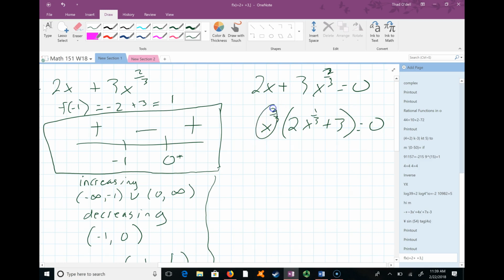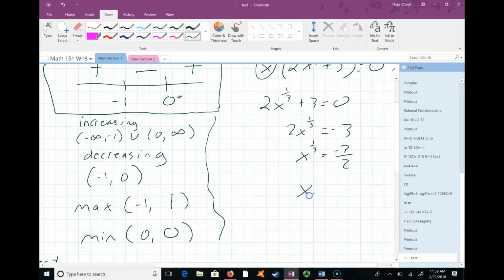So that gives me 0, and so then I just got to find this one, 2x to the 1/3 plus 3 equals 0. That means 2x to the 1/3 equals -3. X to the 1/3 equals -3/2. And finally, x equals 3/2 cubed, which would be -27/8.